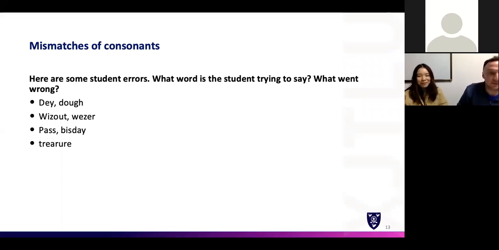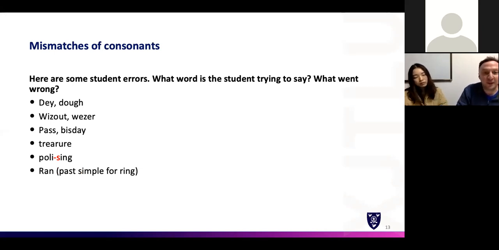Treasure. Yeah, the j sound has become a r. Here's a word, policing. What was the student trying to say? In this case, the student was trying to say polishing. So the sh sound has just become a s sound.